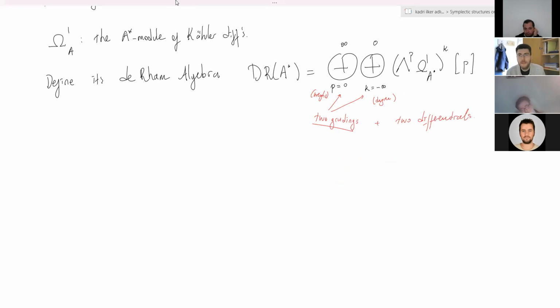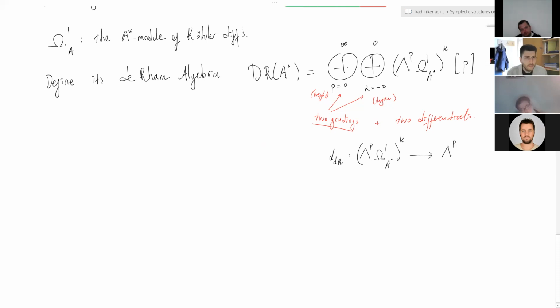One of them, as you may guess, is the usual derived differential, d derived. If you look carefully, it increases the weight by 1 and doesn't touch the degree. The degree is still k, and now the weight is p plus 1.